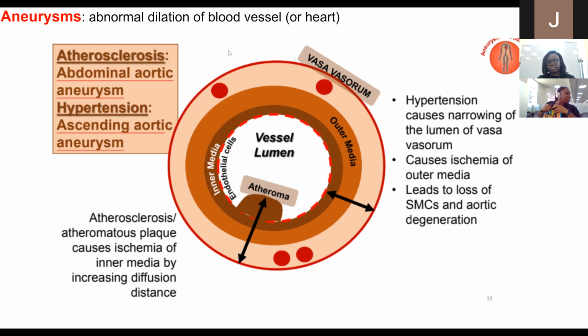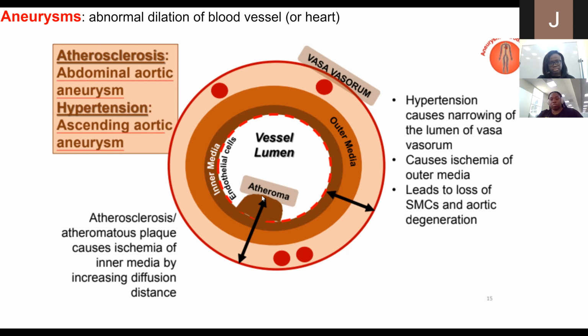So in atherosclerosis, what is happening? We have a weakened inner media, right? The intima is affected because you have an atheroma in the way. When you have an atheroma, this is the increased diffusion distance that I was talking about before. The blood is not going to be able to go from the lumen and supply your inner media anymore because you have this huge barrier in the way.